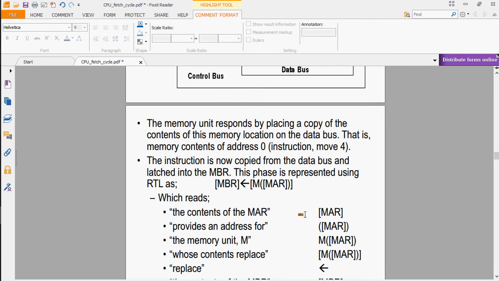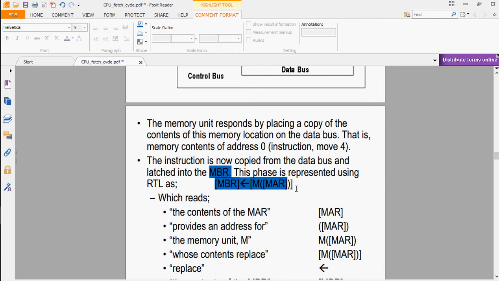Now the instruction is copied from the data bus and latched into the memory buffer register. This is the memory buffer register, MBR, and MAR.